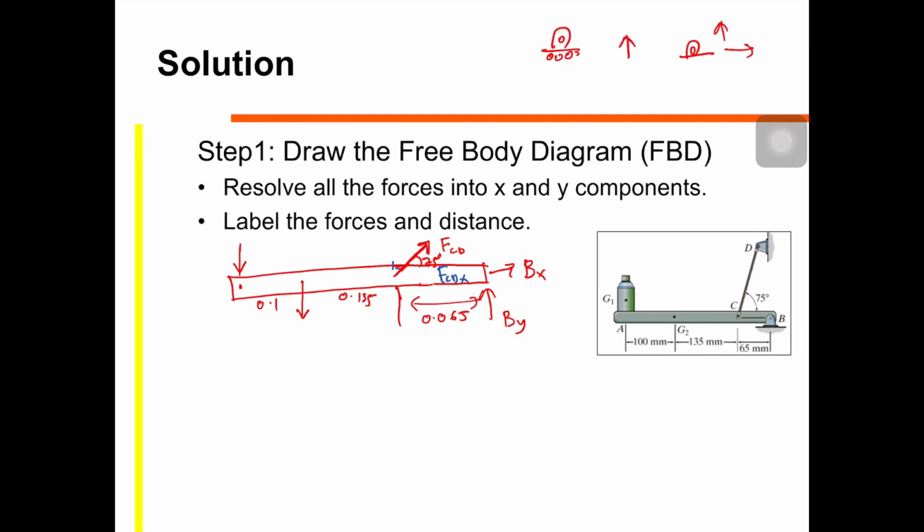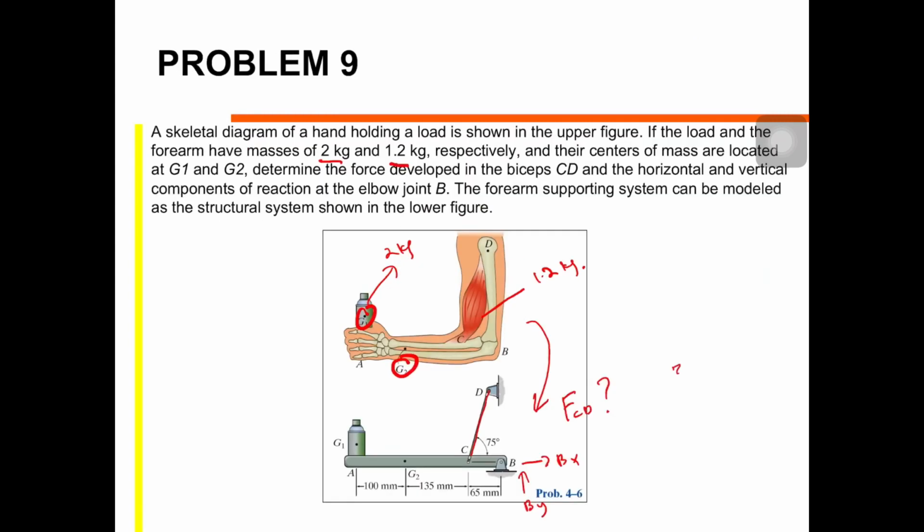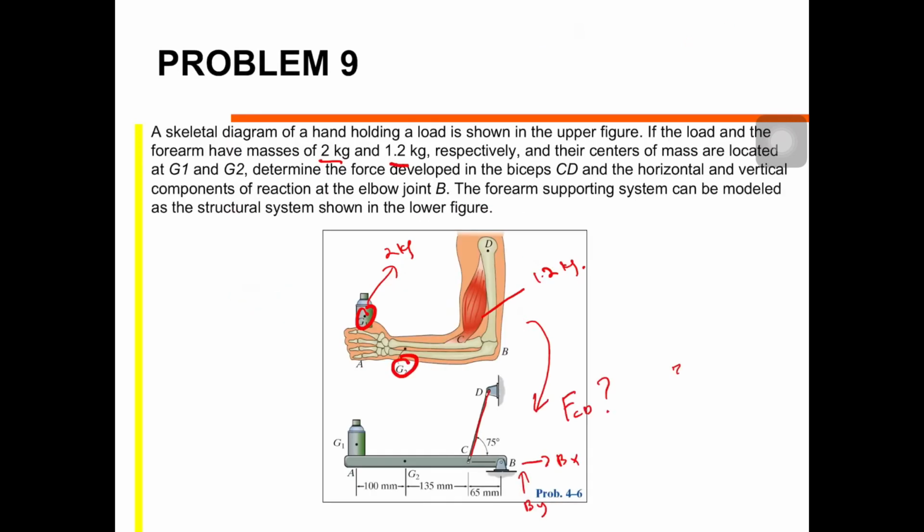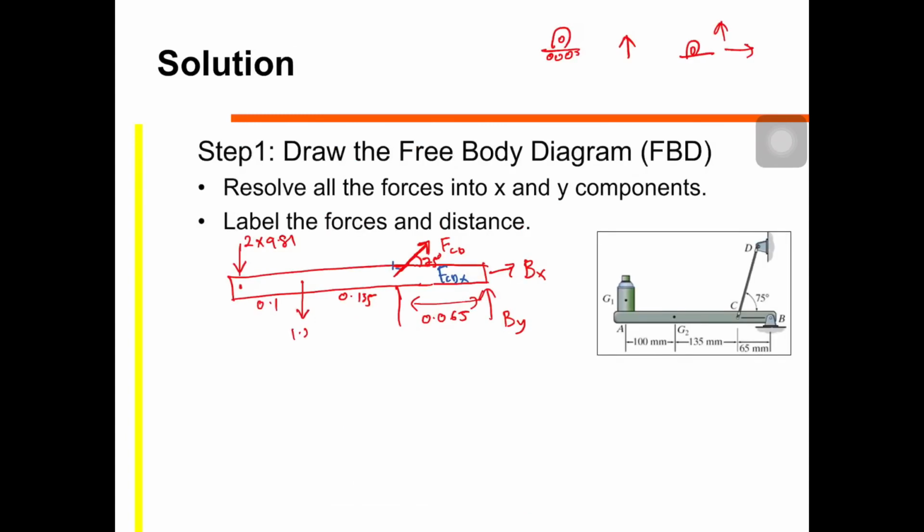So for G1, the weight is 2 kilograms, so 2 times 9.81 in Newton, and then for G2 you have 1.2 times 9.81. Take out your calculator.